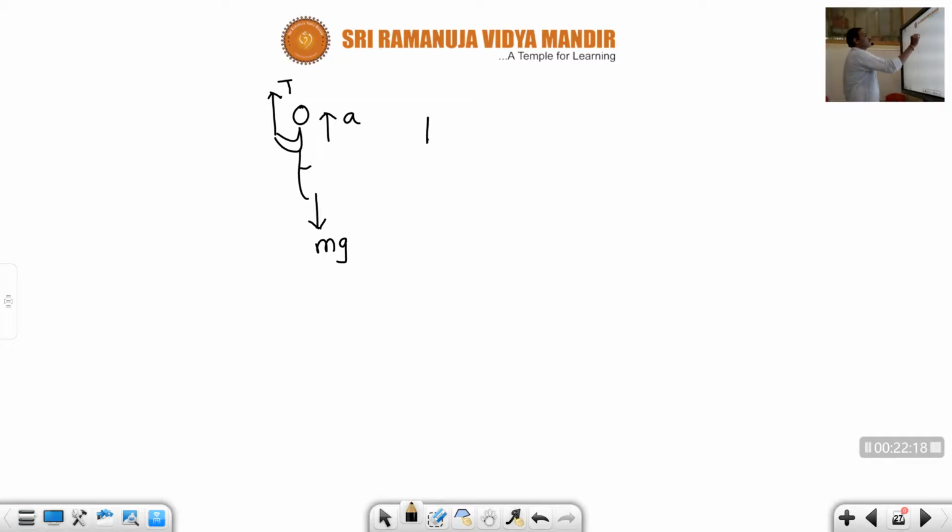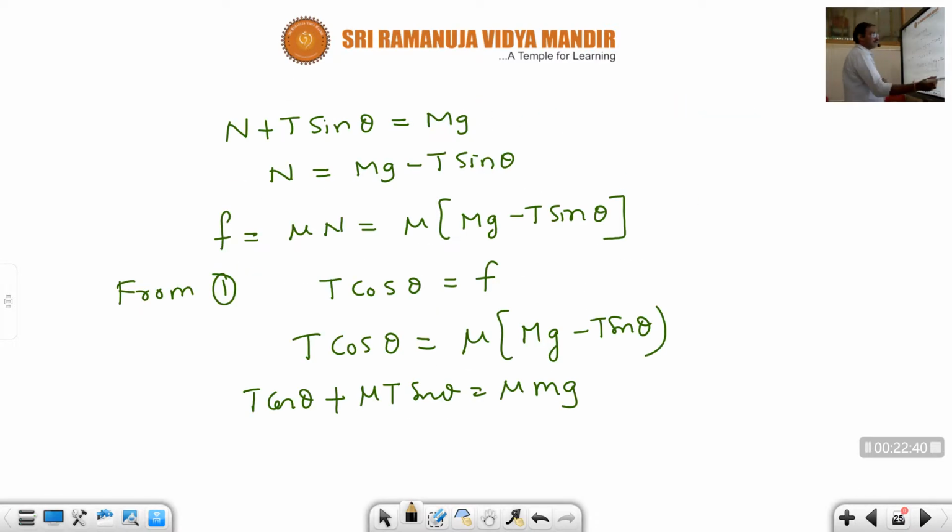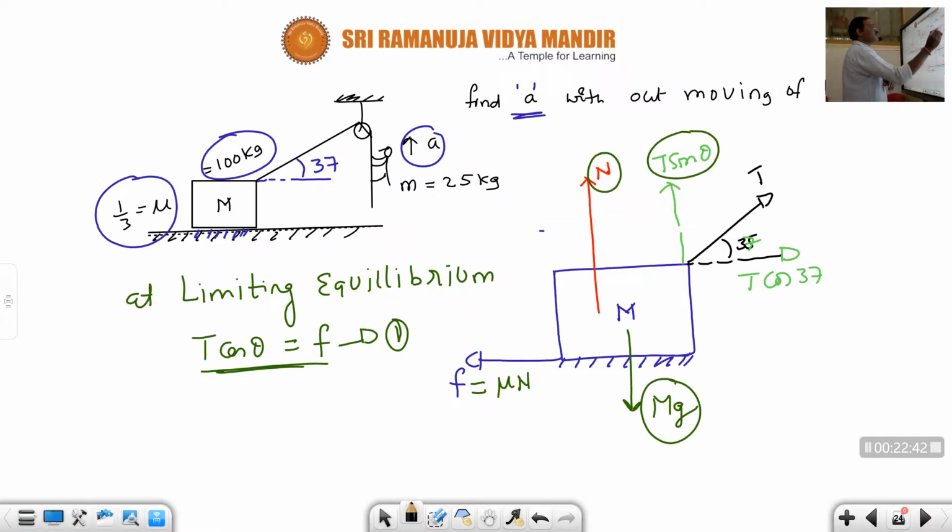The resultant force Fr is equal to tension T minus mg. Then resultant force means mass into acceleration is equal to tension T minus m into g. The mass of the monkey is given in the numerical as 25 kg. You have to find the acceleration.